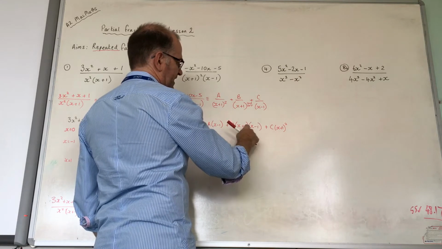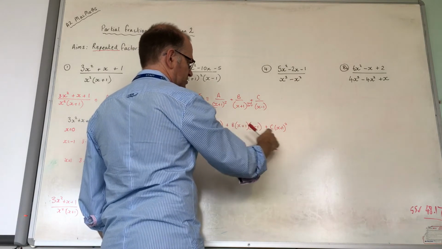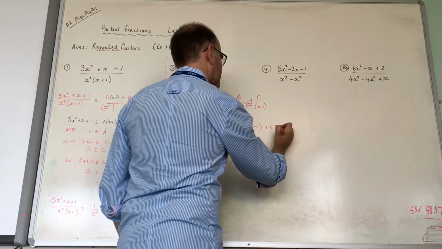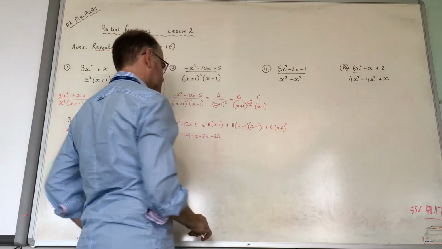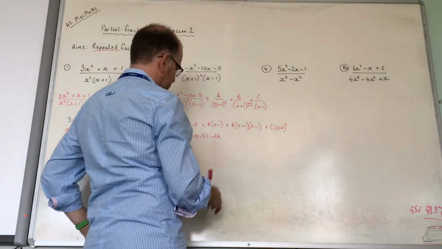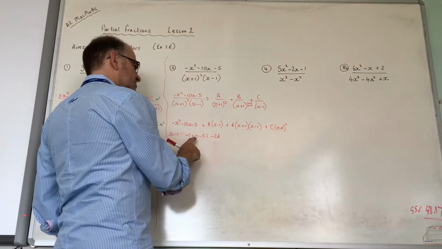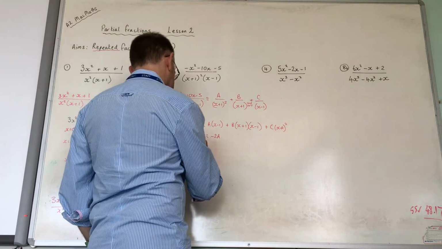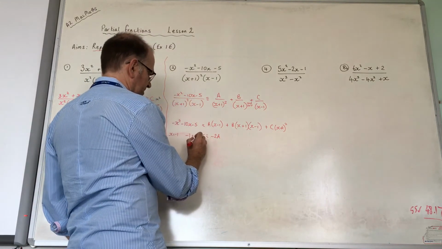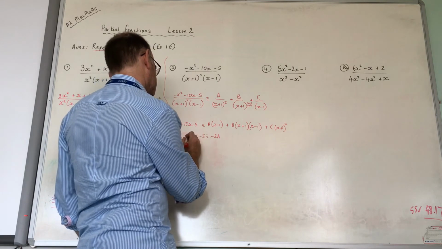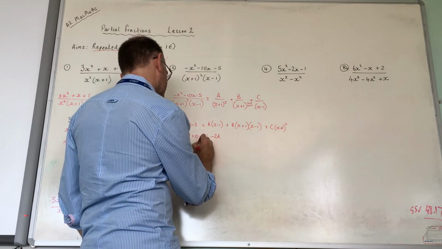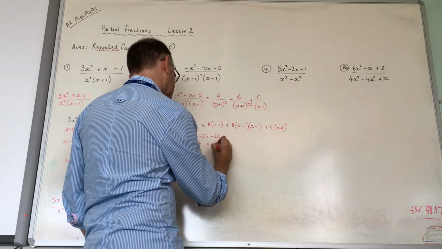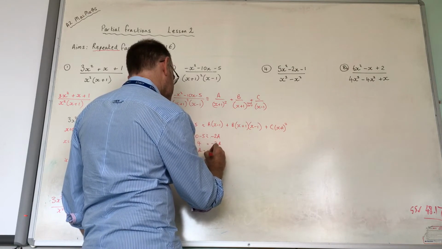Minus 1 there makes that 0, so that's all gone, and minus 1 there cancels out all of that. Okay, so now putting it into this, we've got 10 minus 6. So 4 is equal to minus 2a, so a is equal to minus 2.